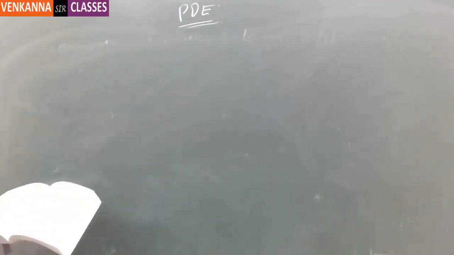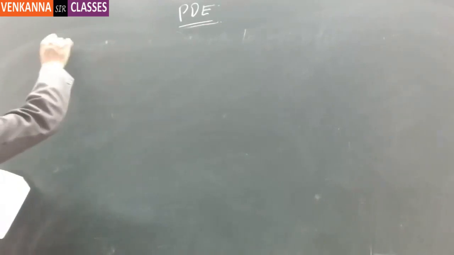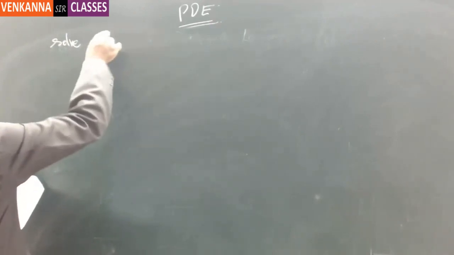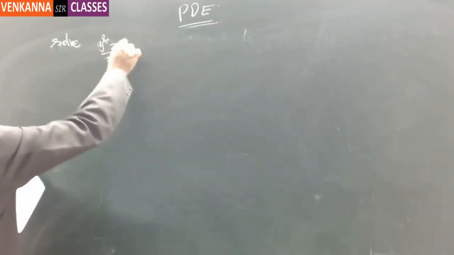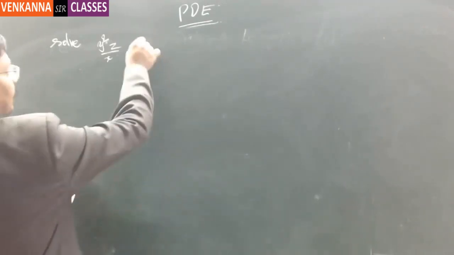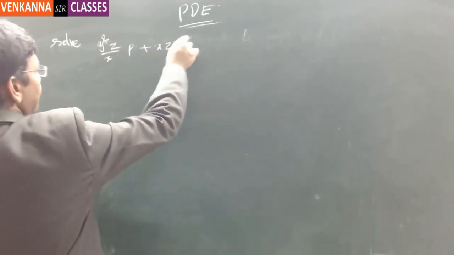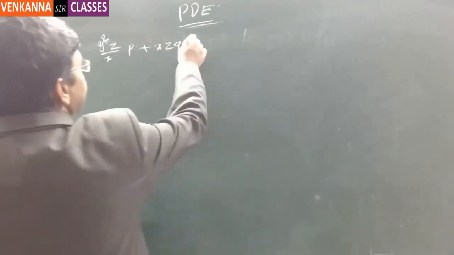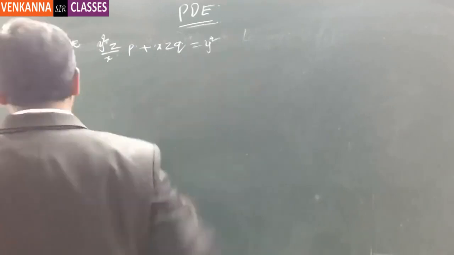So start with the simple one. Solve y square z by x times p, small p, plus xz cube q is equal to y square. So solve this.